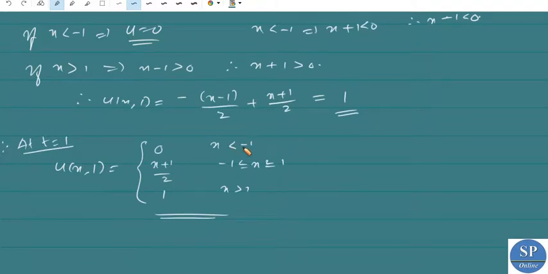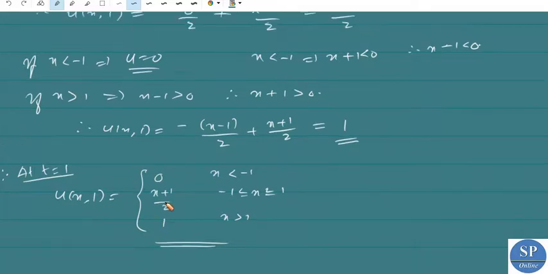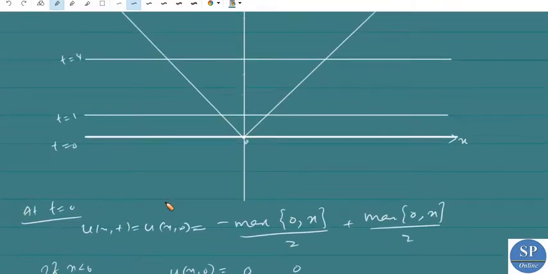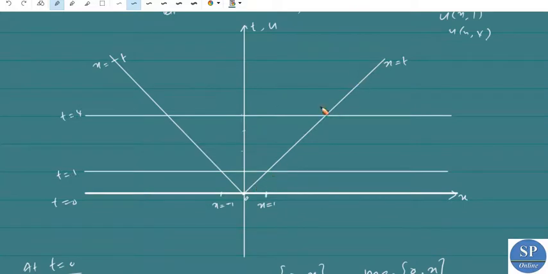When x is less than minus 1, the value of u is 0, and when x is greater than 1, the value of u is 1. So this is t equal to 1, this point will be x equal to minus 1, and this point will be x equal to 1. Clear? Because this is the graph of x equal to t, so this is the point 1 comma 1.